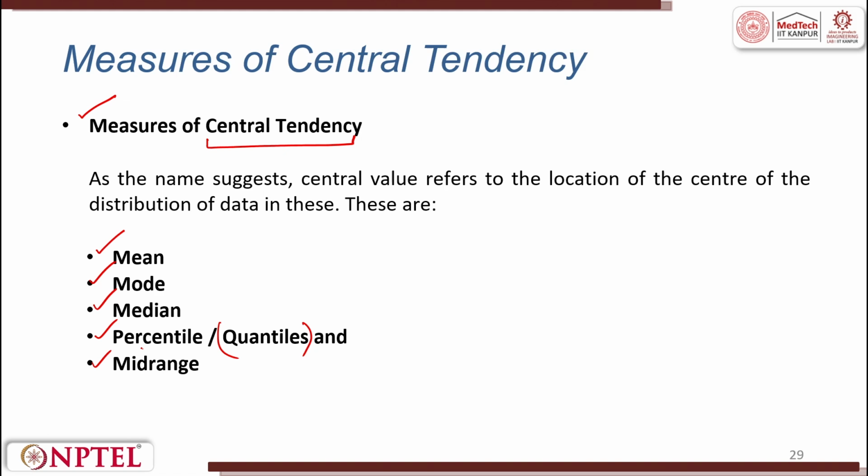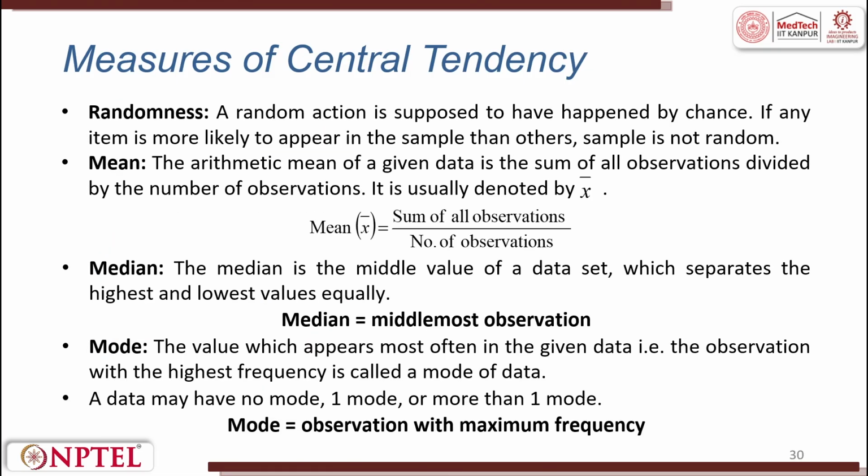Percentile is about cent, percent. It is about 100 parts. Quantile is n number of parts. If it is quartile, it is 4 parts. This we will discuss. Let me first go through some terms in the measures of central tendency.